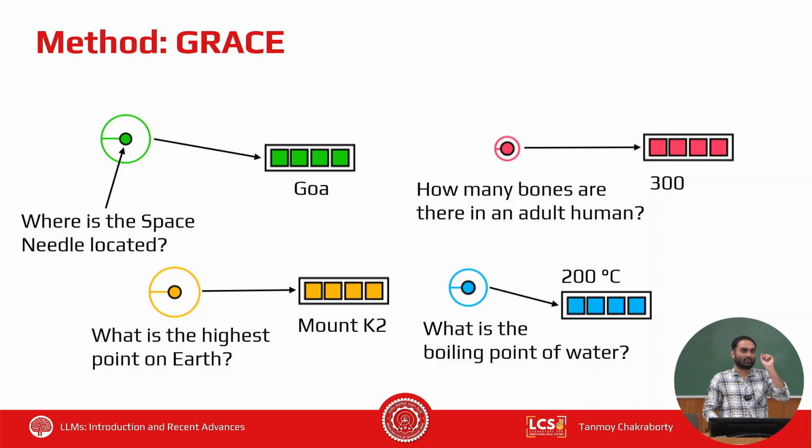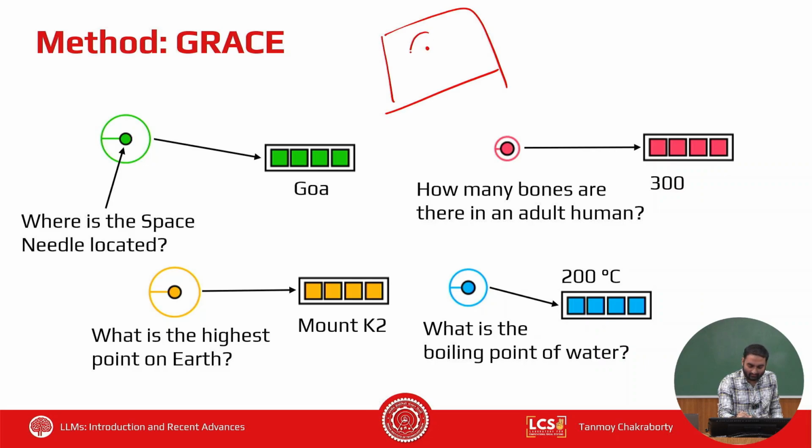Okay. Now, when we store a key, the key is just a representation, again an embedding, right? In a vector space, this is one vector, and the vector has a span. Let's say this is the vector space and this is the key. The key has a span, and the span essentially, intuitively, captures different paraphrased versions of the key, right?